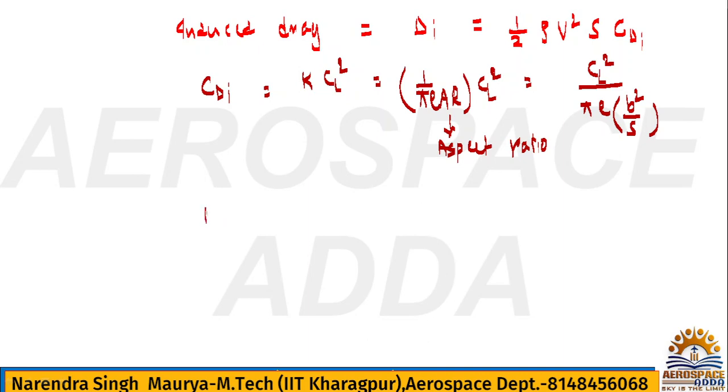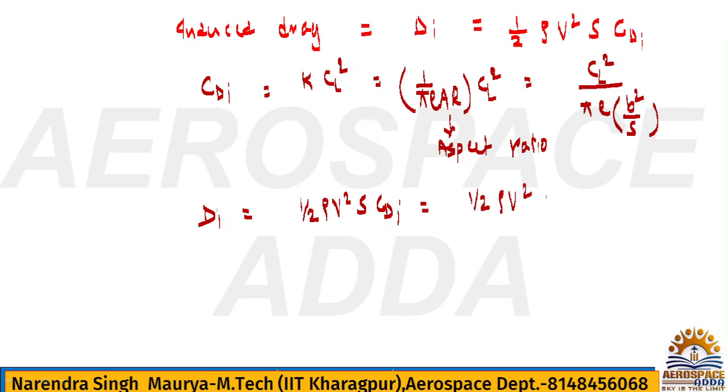Now you just keep it here. So induced drag is nothing but half rho V squared S CDi, and here the CDi, if you check, is CL squared divided by pi e, you can write b squared and take S in the numerator, so obviously S will come here.